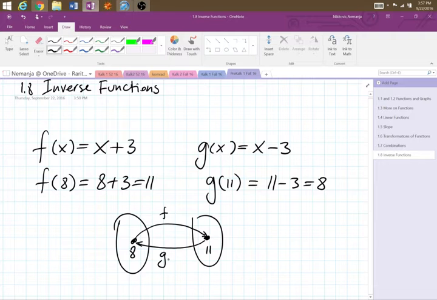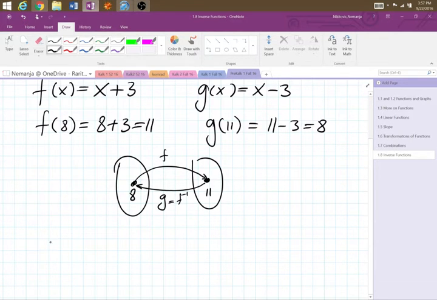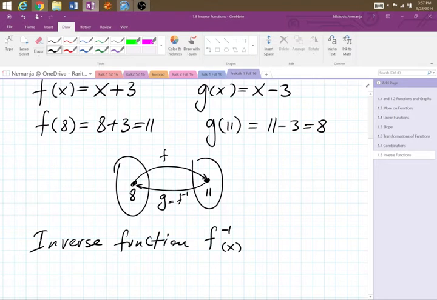Which, I mean, g is the inverse function of f, and we denote that with this little negative 1 on top. So we have inverse function f to the minus 1 of x. And technically, its job is to undo every calculation that f does.